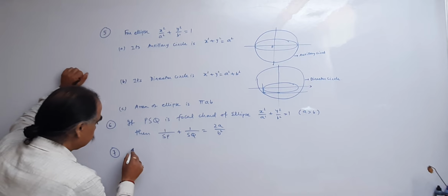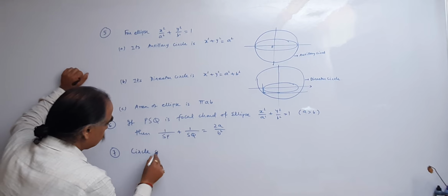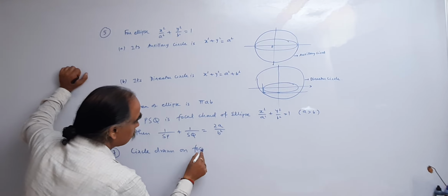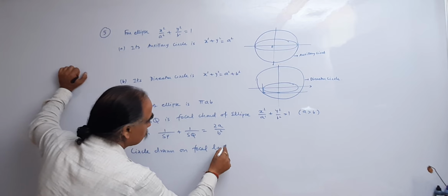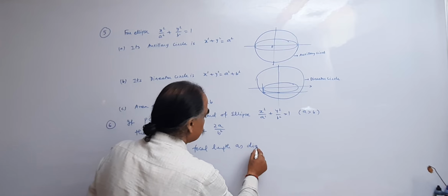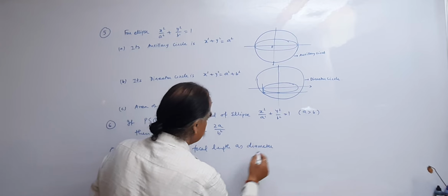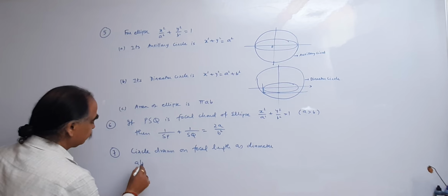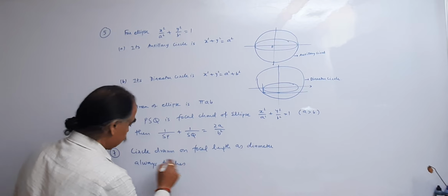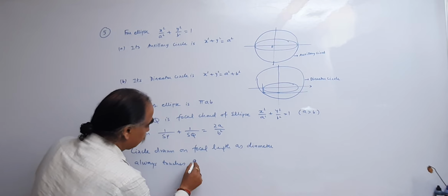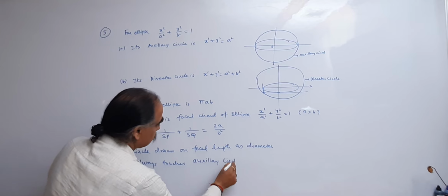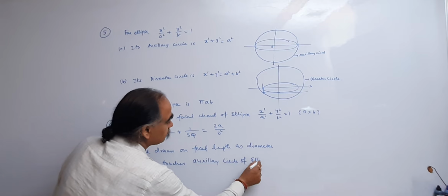A circle drawn on the focal chord as diameter always touches the auxiliary circle of the ellipse.